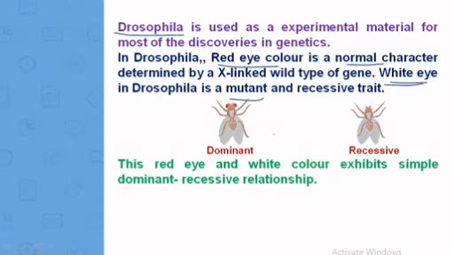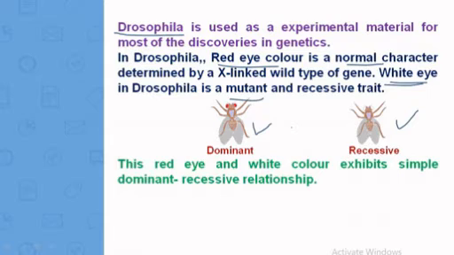So red eye and white eye exhibit a simple dominant recessive relationship. Here you can see a red eyed Drosophila and a white eyed Drosophila. Red eye color is dominant over white eye color. So what about multiple allelism in this example?